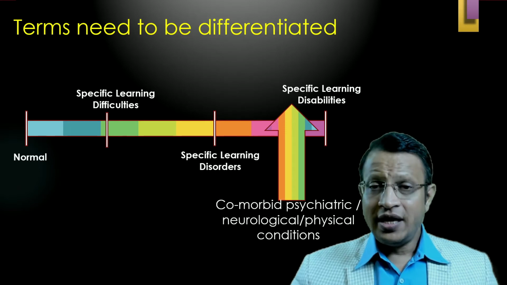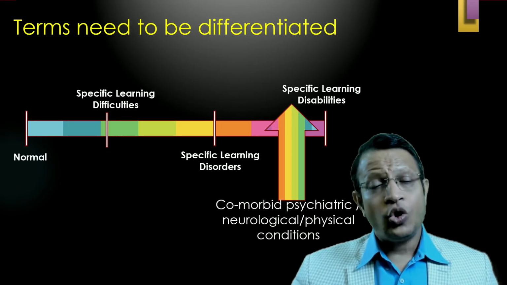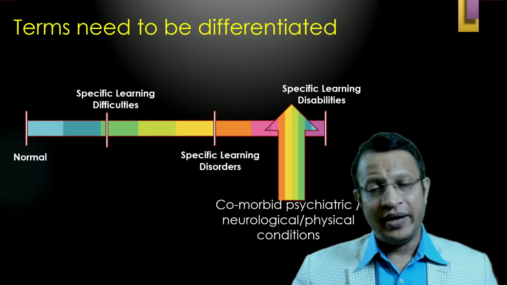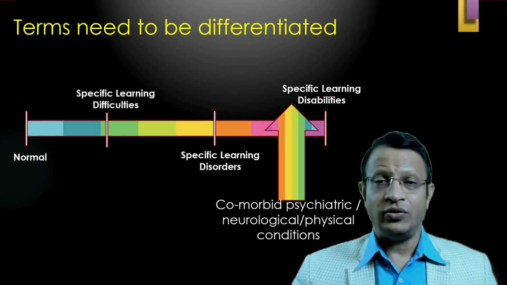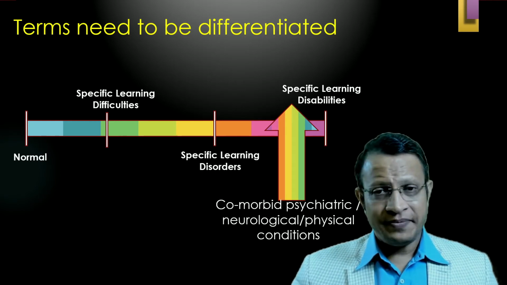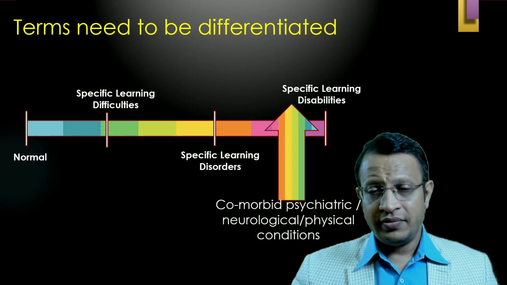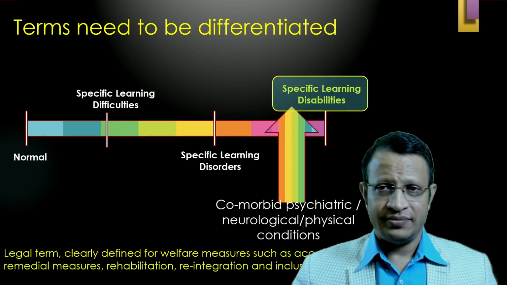Further, along with specific learning disorder, there are many comorbid psychiatric disorders, neurological disorders, and medical disorders. That means there are dual diagnoses: SLD and also another physical condition. Both of them will impair or disable the child in academic growth.